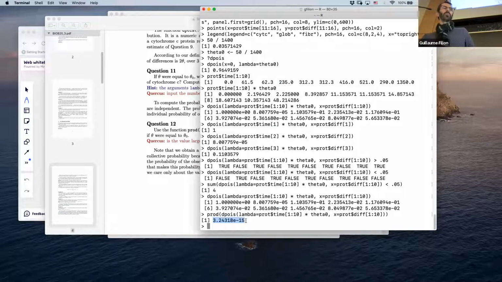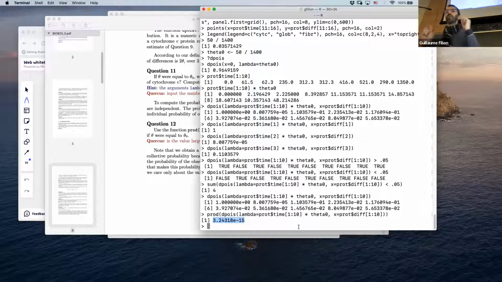So let's recap here. If theta is equal to theta 0, if we pretend, if we assume, then this here is the probability of observing the data. Does that make sense, what I said, or did I just speak a language that makes no sense at all for you? I said that if theta is equal to theta 0, to that play-pretend value that we're using, then the probability of observing the data for cytochrome C is 3 times 10 to the minus 15.